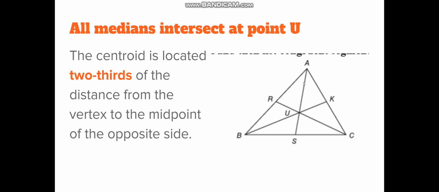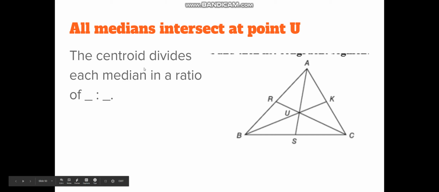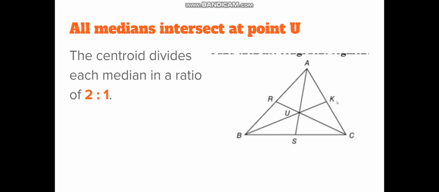So if the AS is length x, then we've got 2/3 x from A to U and 1/3 x from U to S. 2/3, 1/3. Okay. The centroid divides each median in a ratio of 2 to 1. 2 to 1.